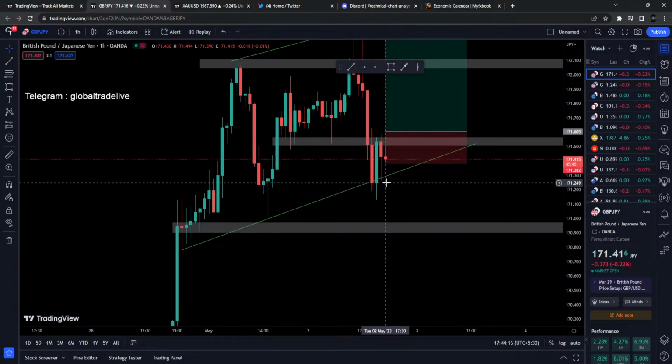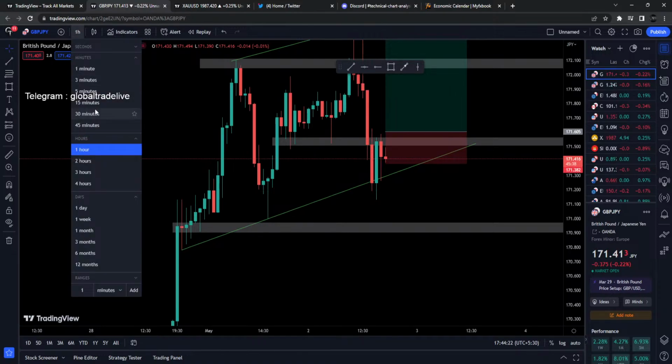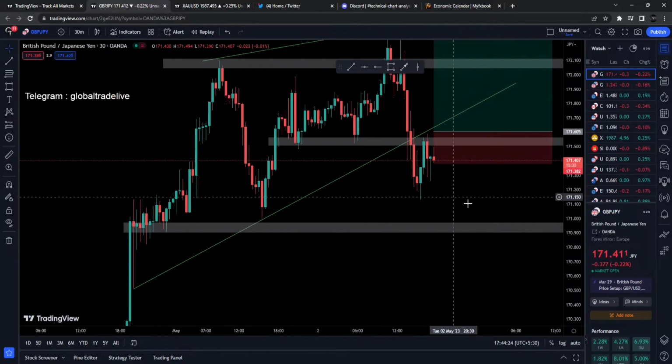If this candle breaks the low of the previous 1 hour, we will have a strong chance of going down. So I'm going to verify that by looking at the 30-minute time frame.